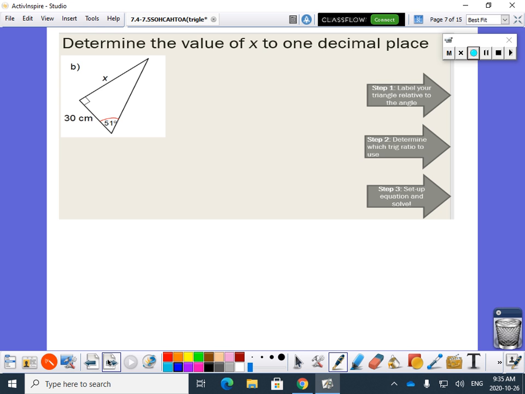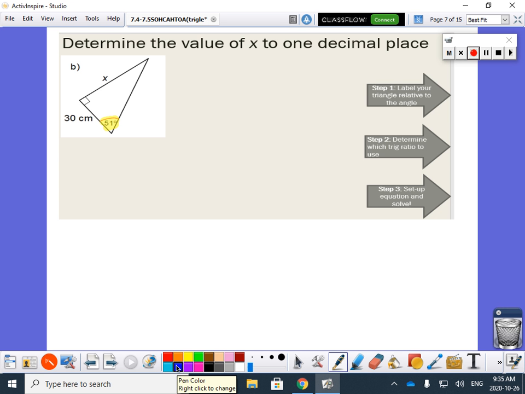We want to figure out what is x. So right away it says here, step 1, label your triangle relative to the angle. In this case, our angle is here. So we have 51 degrees here. Let me just highlight that for you. That's our angle. So it says determine the value of x.